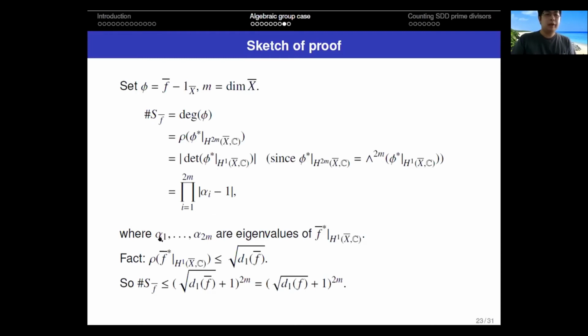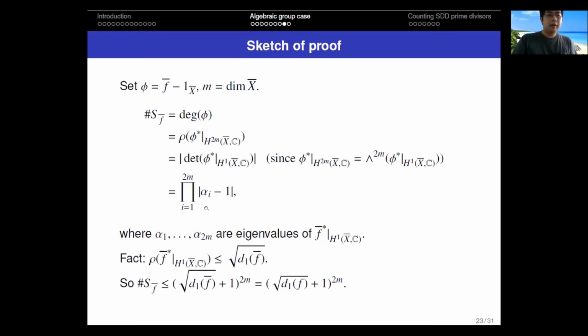We denote by alpha_1 to alpha_2n the eigenvalues of the pullback of F bar restricted to the first cohomology group. And then the cardinality of S_F bar is given by this, the product of the absolute values.